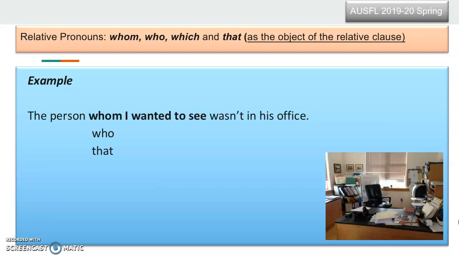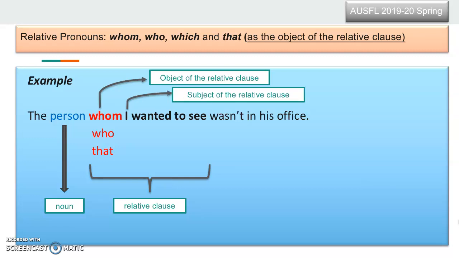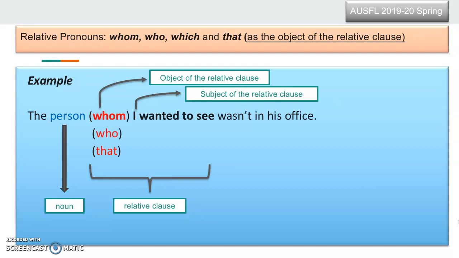Who or that can also be used in this case. Here, we see the noun we describe, our relative clause, and whom as the object of the relative clause. When this is the case, we must have a subject in the relative clause. So, we can omit the relative pronouns and say, the person I wanted to see wasn't in his office.